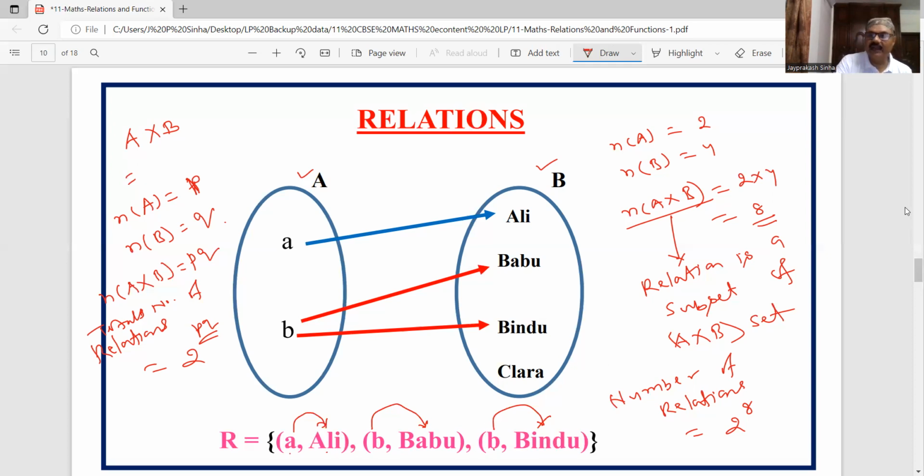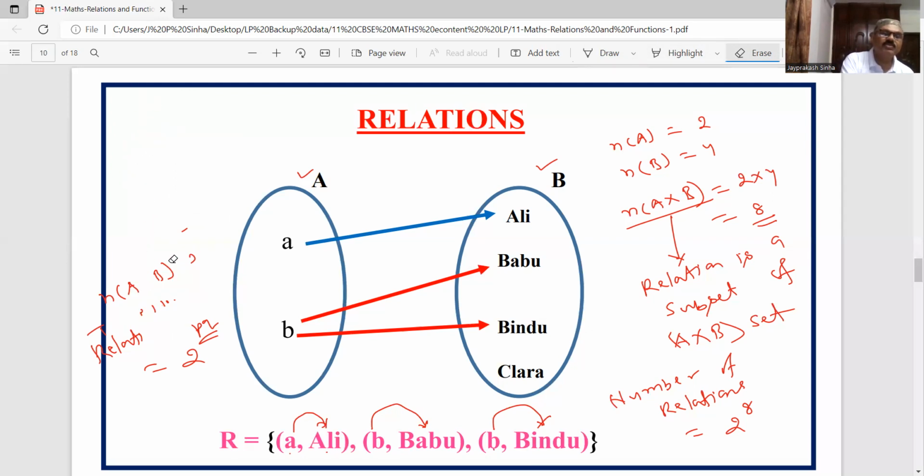Correct? So as per the definition, what is the domain of this relation? The domain of this relation will be the elements of set A. The elements of the first set are the domain.